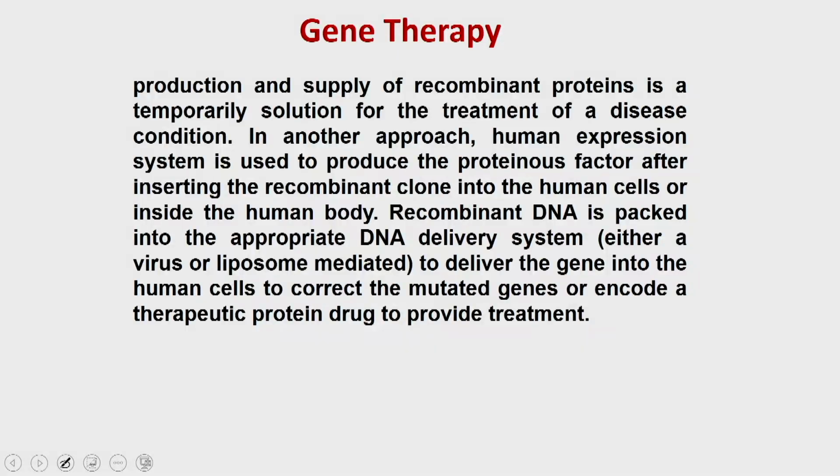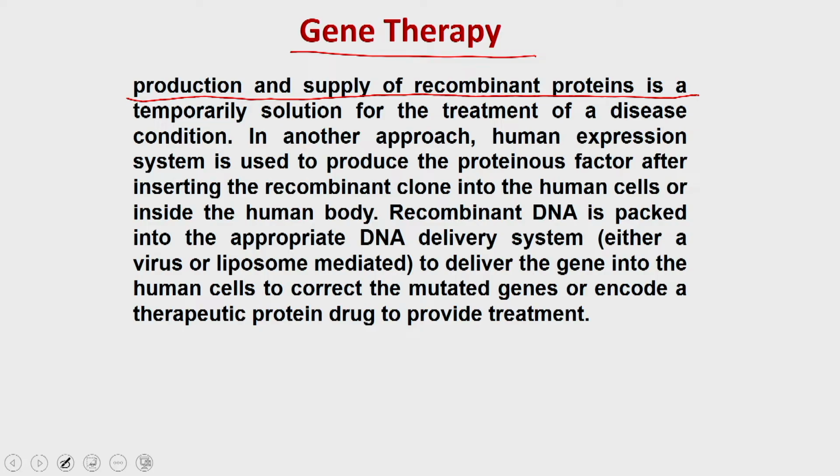Now, gene therapy. Whatever we have discussed so far is that you can produce and supply the recombinant protein, but that is a temporary solution for a disease which is genetic.